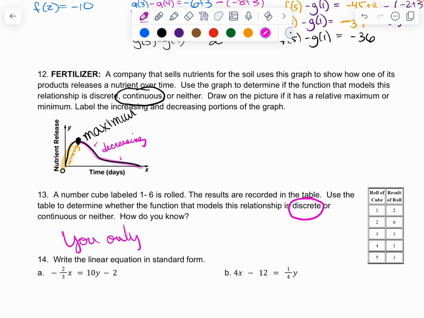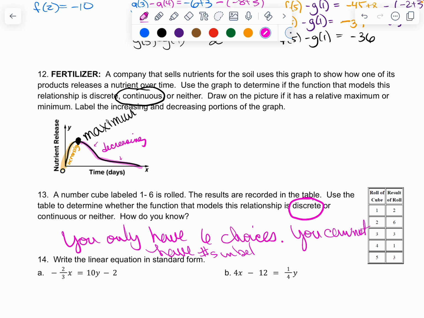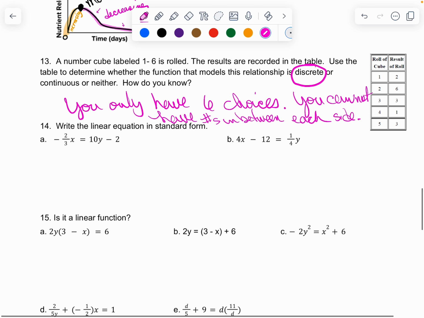You only have 6 choices. You cannot have numbers in between each side.